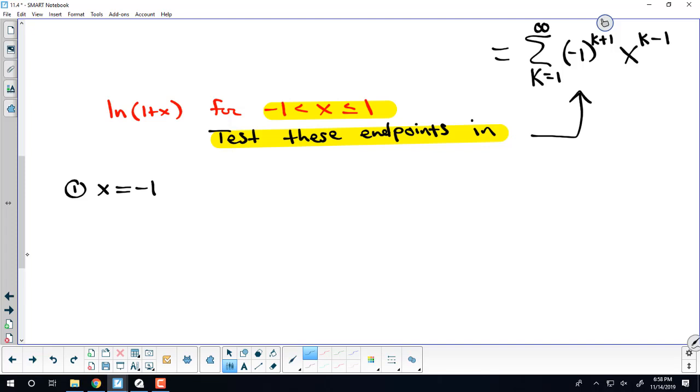So for x equals -1, our series becomes this thing. And we just want to know, does this series converge or diverge?